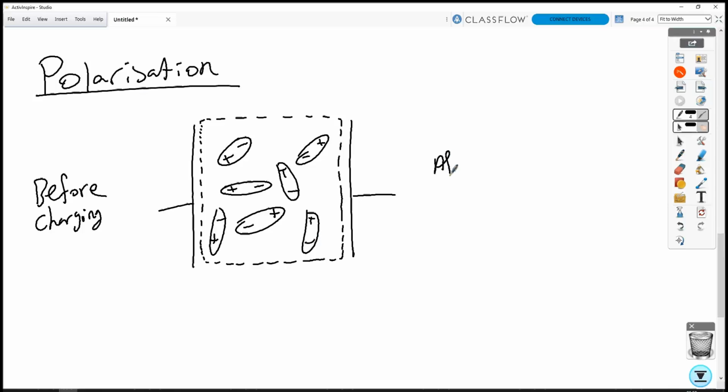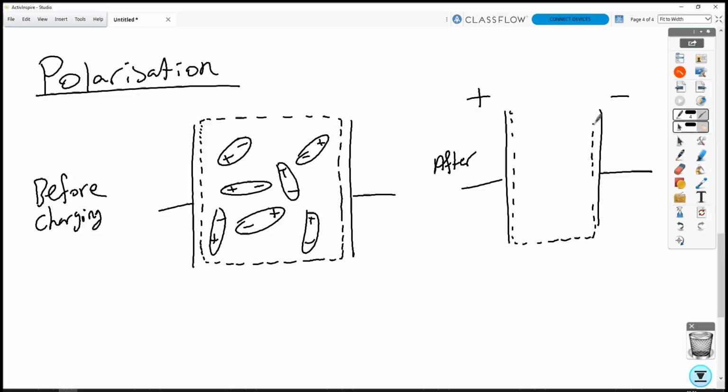And after charging, and in a factory when they're producing these, they will charge them originally, before packaging in the sense. So they will be charged up once. After charging, we have a positive and a negative terminal. So what happens when you charge it is these molecules begin to rotate.